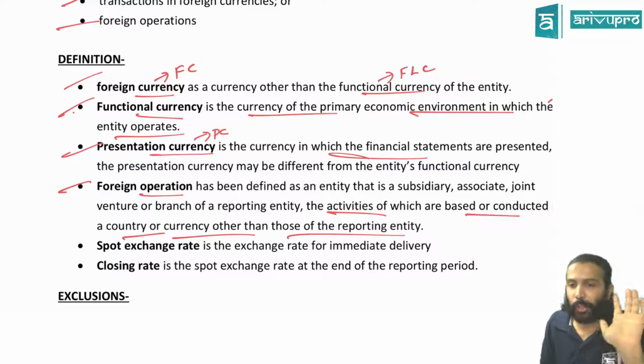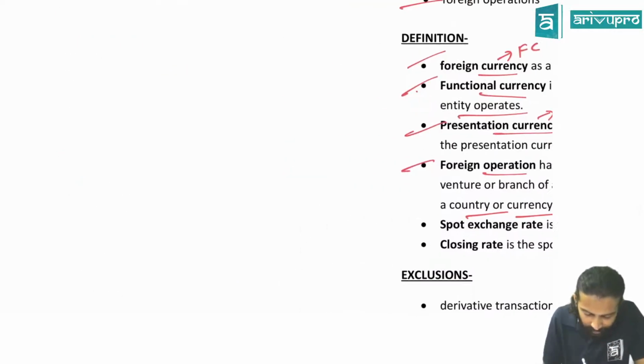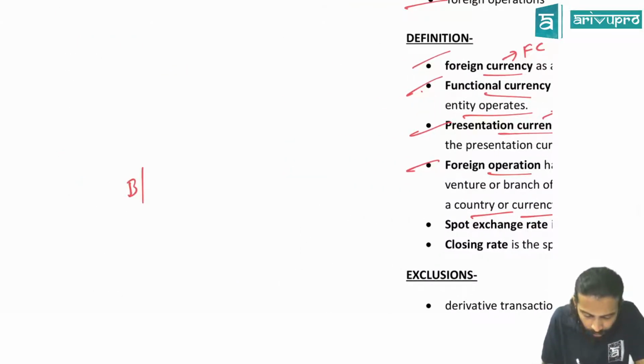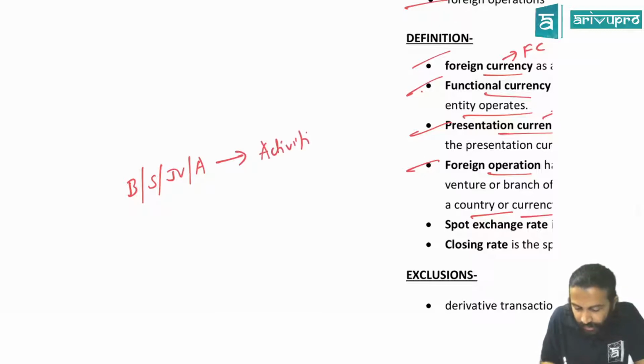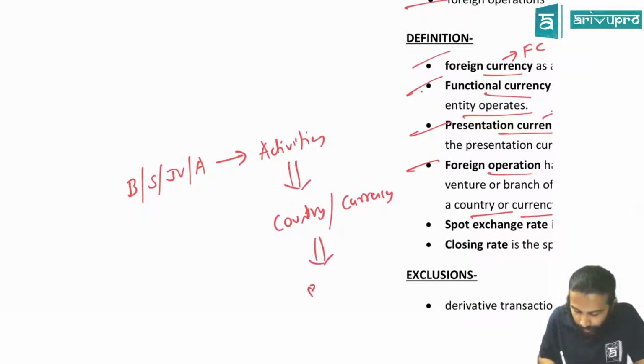Foreign operations, first of all, means either a branch or subsidiary or joint venture or associate. This particular entity's activities are either done in a country or in a currency other than that of the reporting entity. Reporting entity means the main company which we're concerned about.